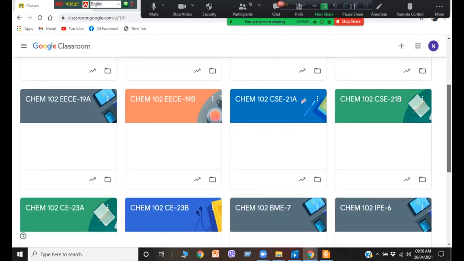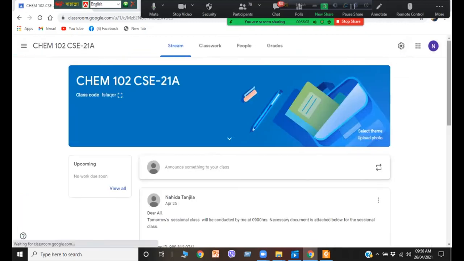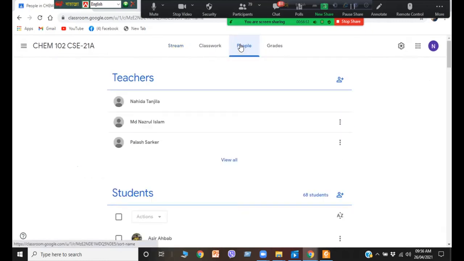That is CSE 102. All of you are in section A or section B? In section A, right? We are both A and B, ma'am. But most of you have joined section A, 68 students.